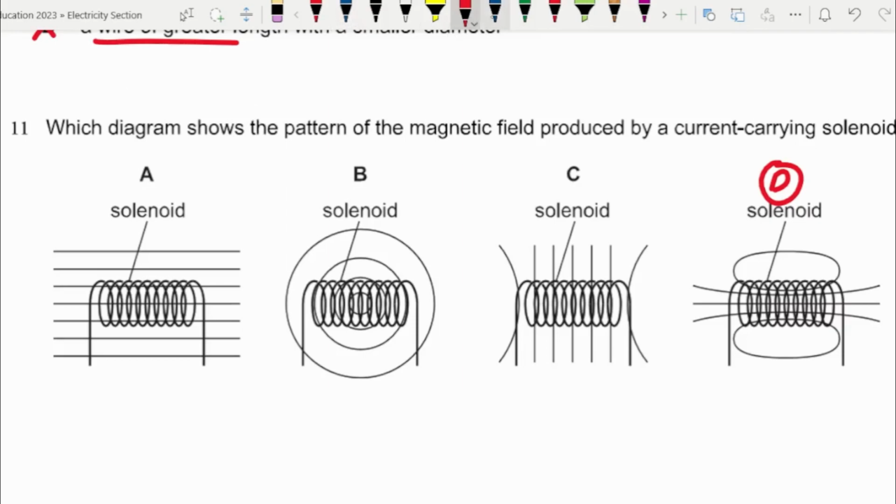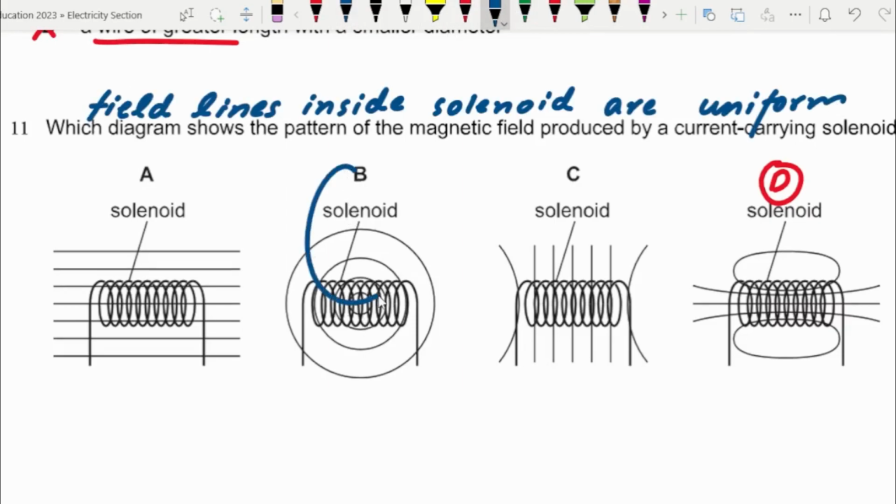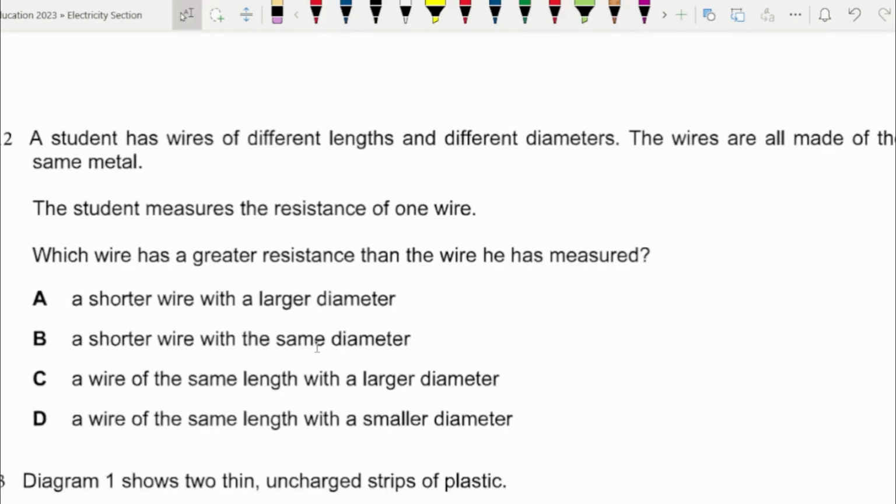So I can write over here, the circular magnetic field lines are for a straight wire or a current carrying conductor.